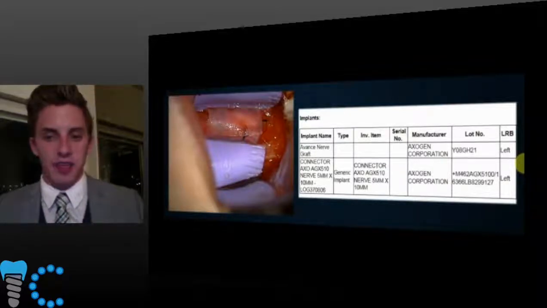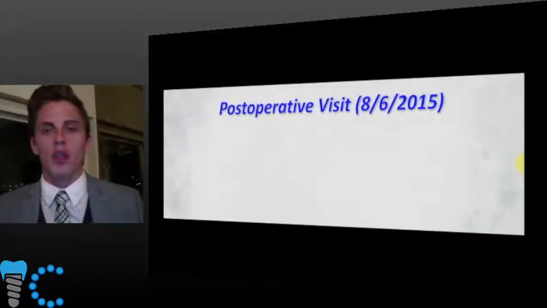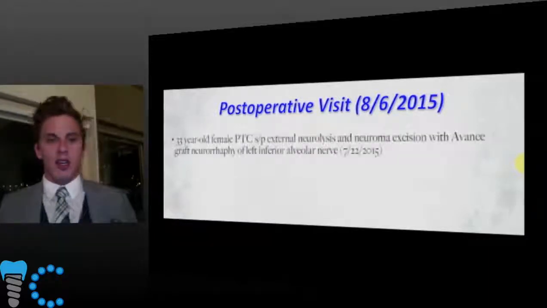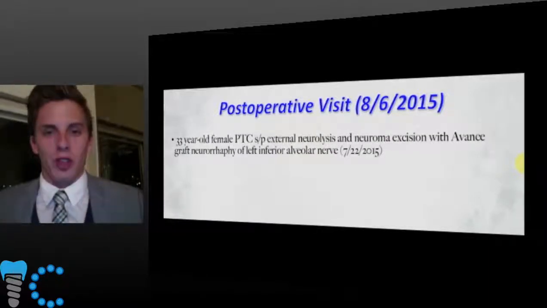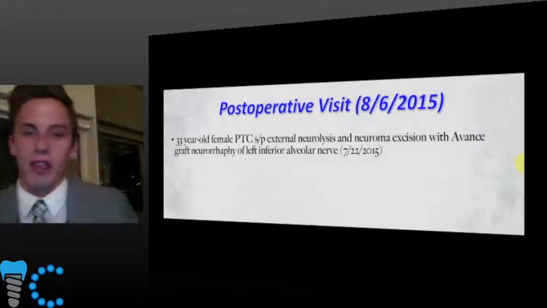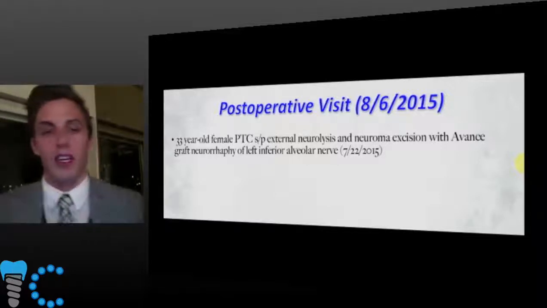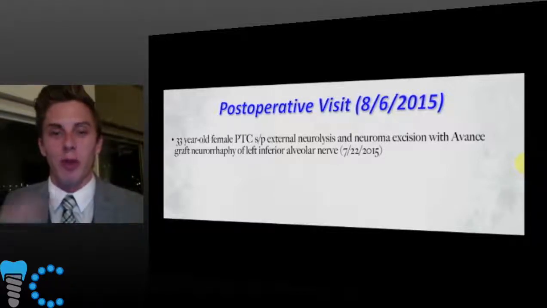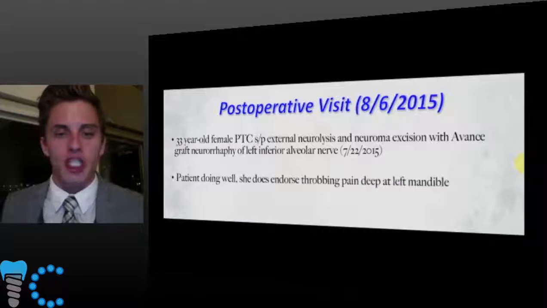So her post-operative visit, so again, a 33-year-old Caucasian female, status post external neurolysis with Avance graft, neuropathy of the left inferior alveolar nerve. So again, we're about 4 months out. She's doing well.